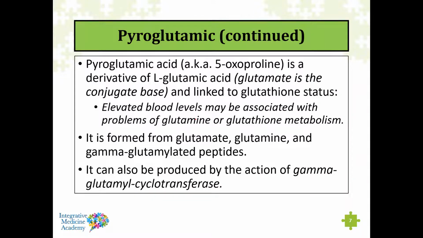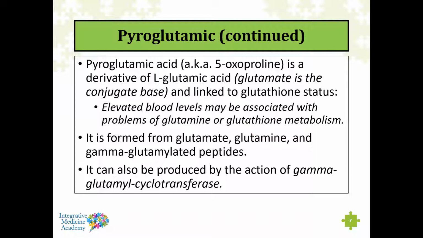So pyroglutamic is a derivative of glutamic acid, or its conjugate base called glutamate. When glutamic acid loses a hydrogen, for example, it becomes a base. And we know that it's linked to glutathione status. Elevated levels could be associated with glutamine or glutathione metabolism.